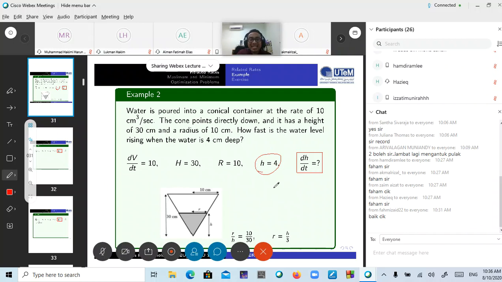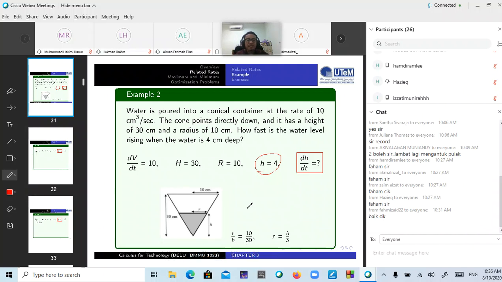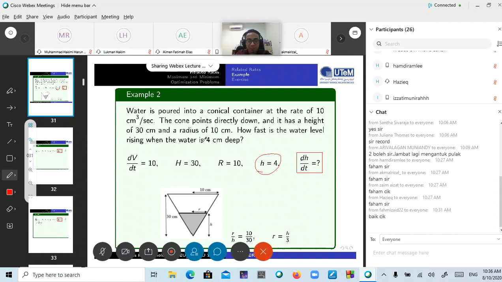Okay. So in this case, kita kena cari ratio. Biasanya for the case of triangle, yang bentuk triangle ni, kita kena cari ratio. Ratio yang berubah kepada ratio yang tak berubah, ataupun ratio yang tak berubah kepada ratio yang berubah. Okay?